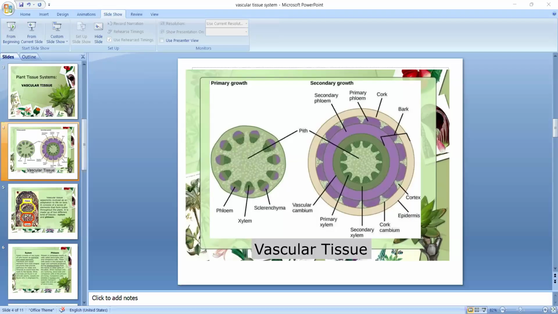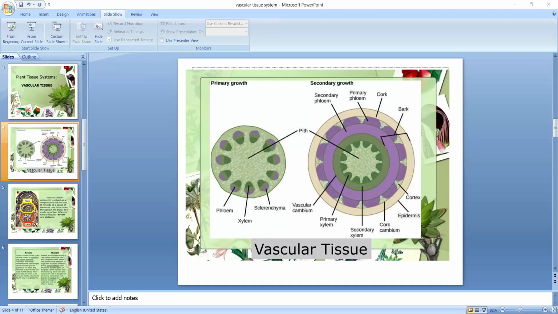So vascular bundles with cambium are described as open, and those without cambium are called closed. Which one has the vascular cambium? Those are called open type of vascular bundles, and those without cambium are called closed type of vascular bundles.